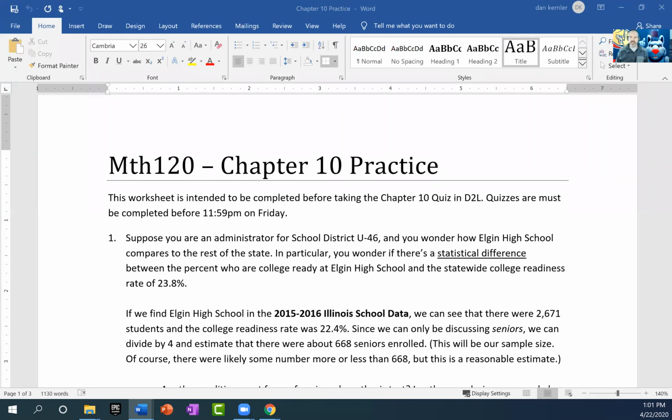Everything organized here. Wait for a couple more people to come in. All right. Too many windows open here. I gotta close some of these windows.